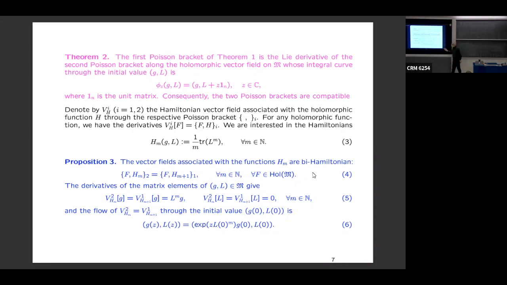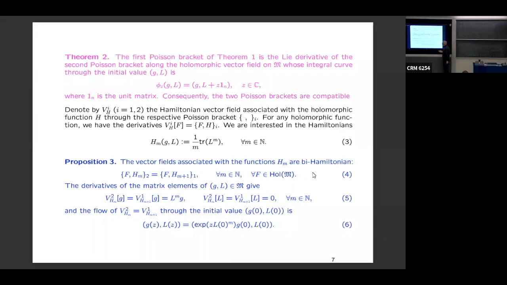And then the very easy proposition is that these natural functions satisfy this bi-Hamiltonian recursion kind of relation. So they generate bi-Hamiltonian flows on this holomorphic cotangent bundle. And here is the solution of these bi-Hamiltonian flows. Of course, the Lie algebra variable is constant along all those flows. This means that these functions Poisson commute with respect to both Poisson structures.